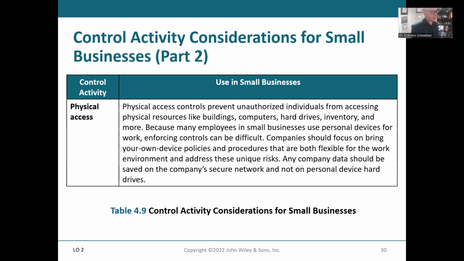Other examples would include things like buildings, computers, hard drives, inventory, other types of lockups, security cameras, you name it, right? This level of focus is important because you need to really understand who has access to your physical assets and why, and make sure that there's a policy in place for who has access and how to control that access.